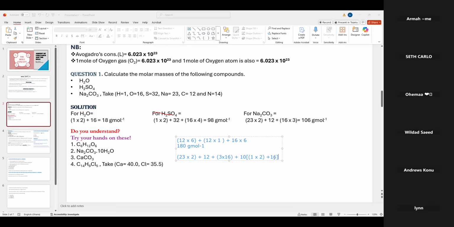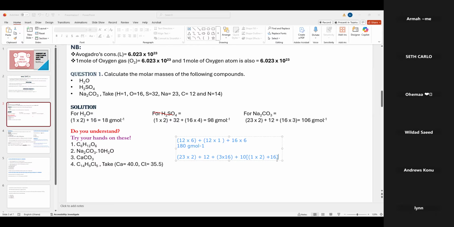So the 10 is multiplying everything in the bracket, the summation done together. So 2 plus 16 is 18. So 10 bracket open 18. It's not multiplying the 1 times 2 and then not multiplying the 16. Am I clear? Okay. Yes.